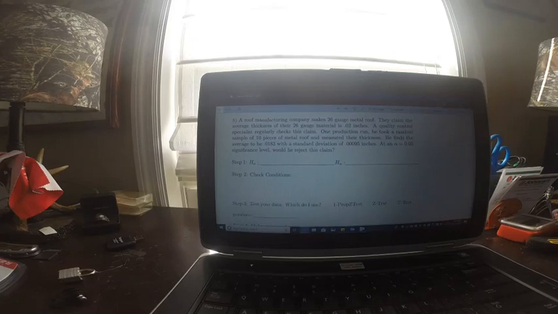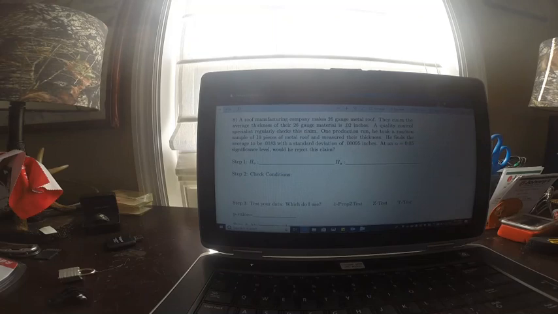Alright, so the null hypothesis here is hopefully going to be that 0.02 inches. So the null hypothesis is that mu naught, which is mu sub 0, is equal to 0.02.